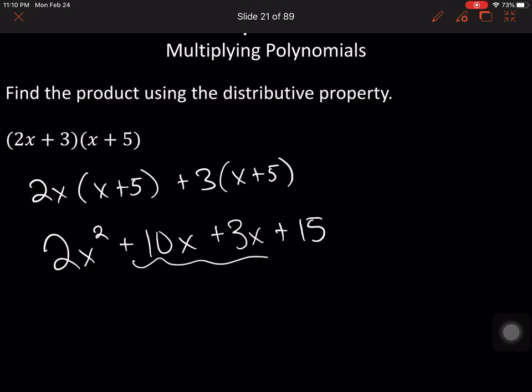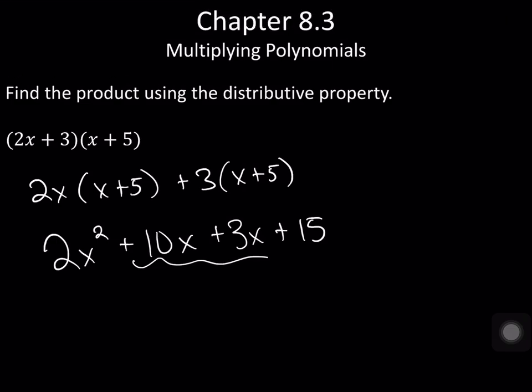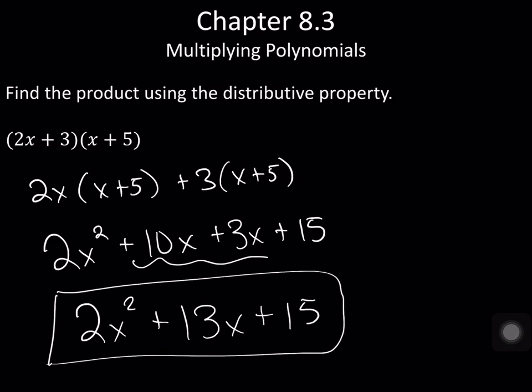What's typically going to happen with these binomials or polynomial multiplication is there are going to be terms that can be added together. So in this case, we would end up with 2x squared plus 13x plus 15. This is not only the multiplied form, the distributed form, but this is also standard form because of the decreasing order of degrees.